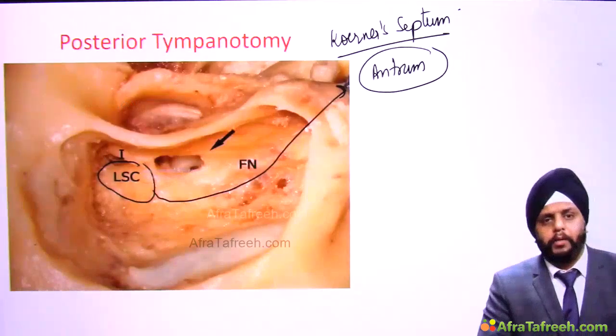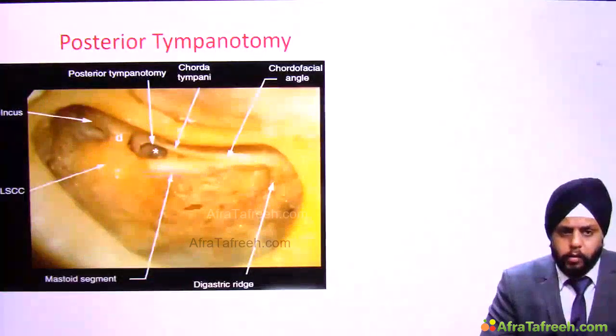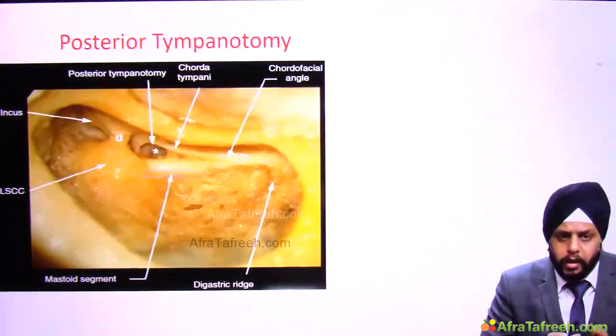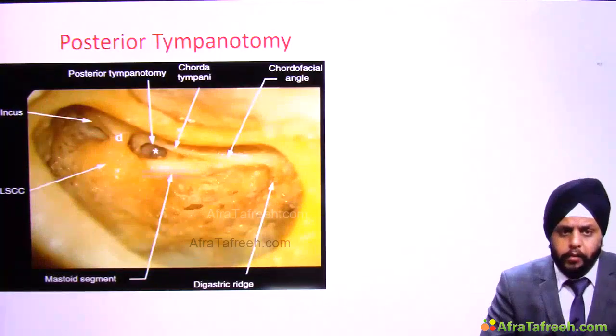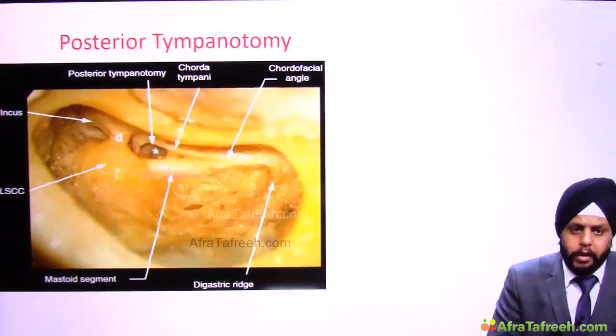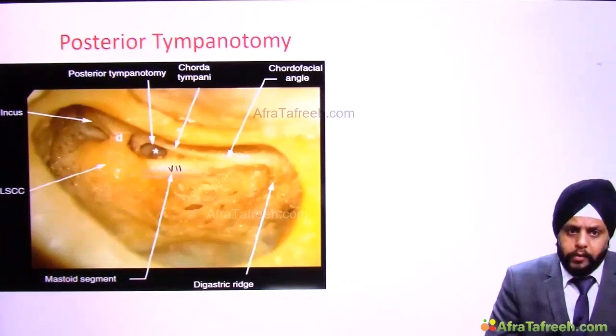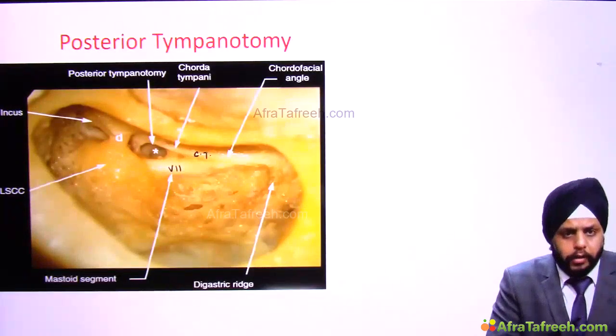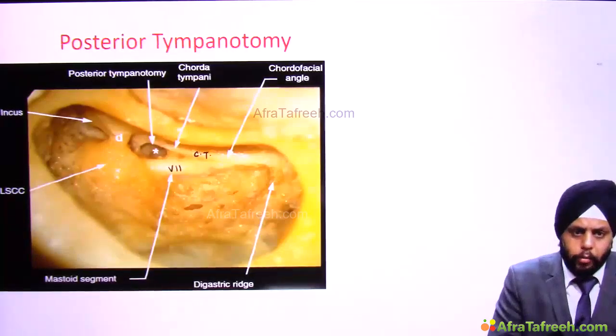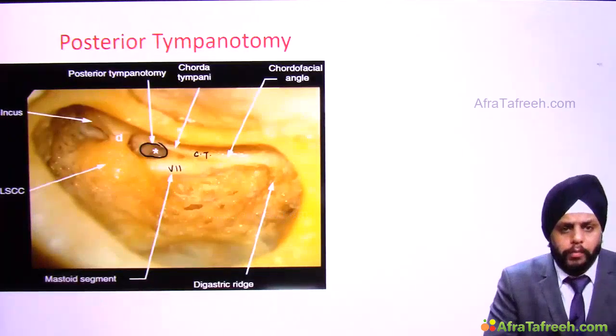All right. So let's look at this photograph. This photograph is a nearer, more magnified view. You can clearly see over here the facial nerve. And you can see that this is the chorda tympani nerve, branch of the facial nerve. You can see this opening which has been marked with a star. That is the posterior tympanotomy opening.